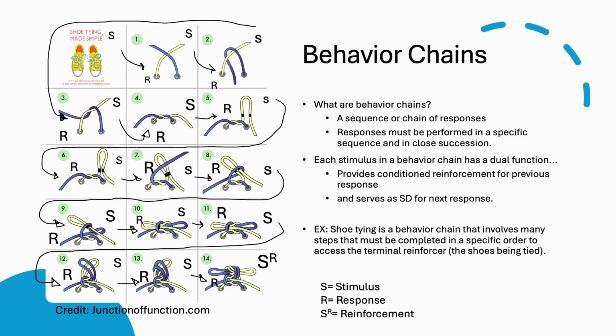So I'll show you what that means. Let's think about the behavior of shoe tying. The behavior of shoe tying is not a simple behavior. It's not just that you engage in one response and that's it. It's really a set of responses that are occurring sequentially, one right after the other, very quickly.